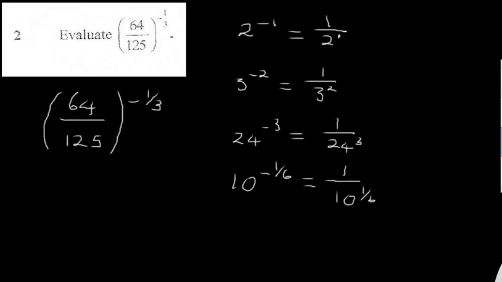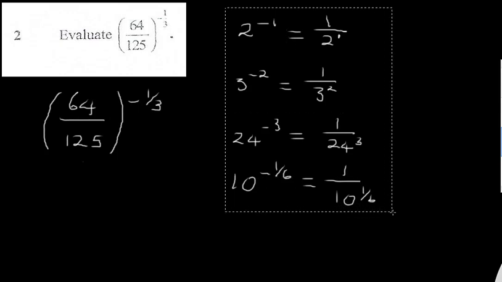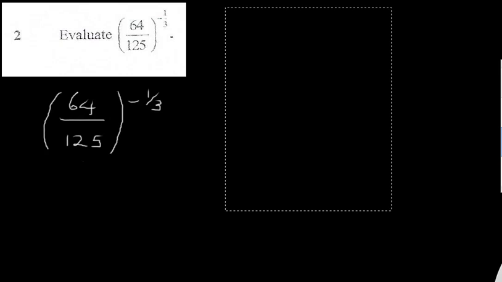Similarly, with what we have here, we have 64 over 125, all raised to the power negative 1 over 3.